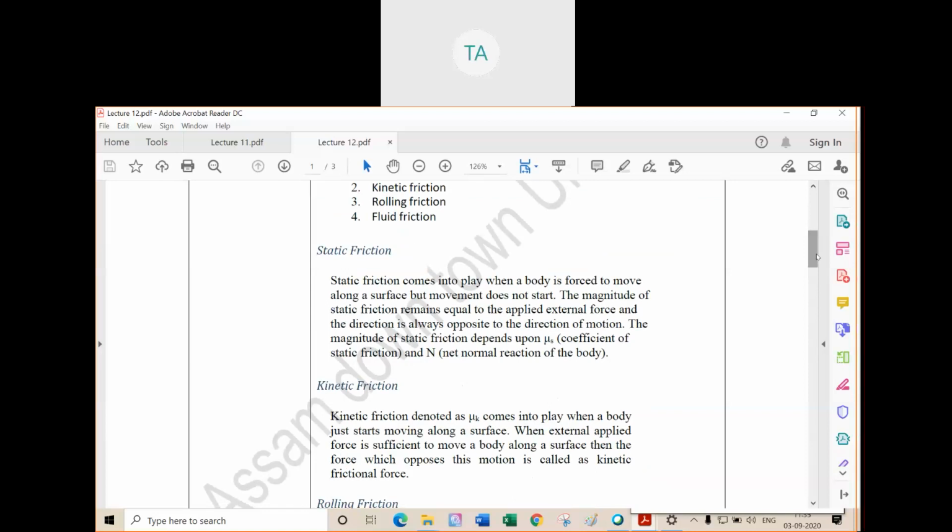What about others? Can anyone else say what is friction? You know what do you mean by friction? The action of one surface rubbing against another.